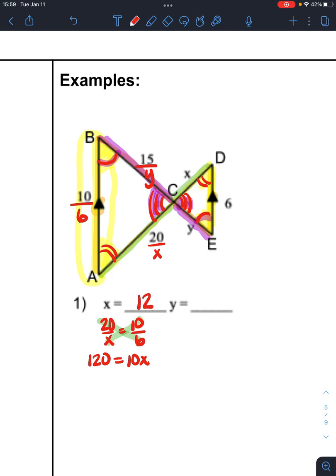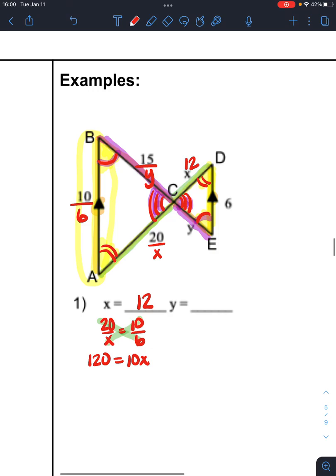Divide both sides by 10 and you get 12. And you can do a quick double check. Make sure that x is shorter than the piece that it came from. The side that matched up with it was 20 and 12 is smaller, right? In fact, if you do 6 over 10, you get 3/5, and so it is 3/5 as big. That's one way you can do it.